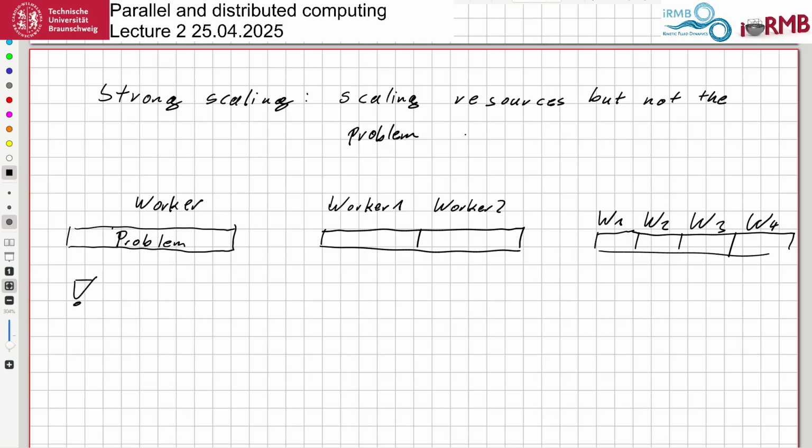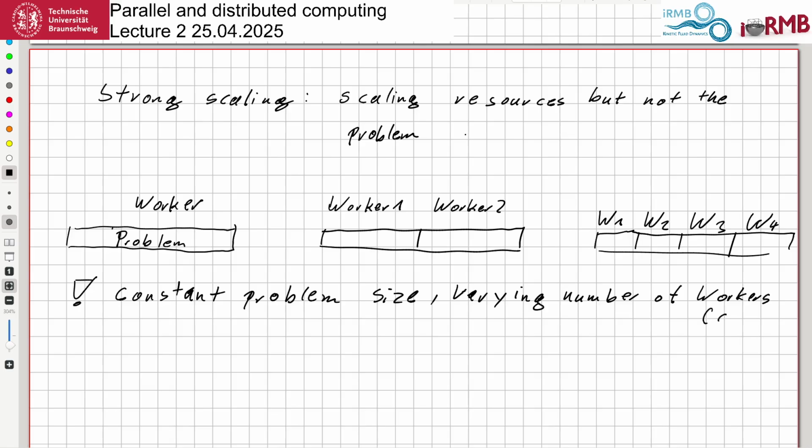So, meaning constant problem size, varying number of workers. So the workers are the cores.